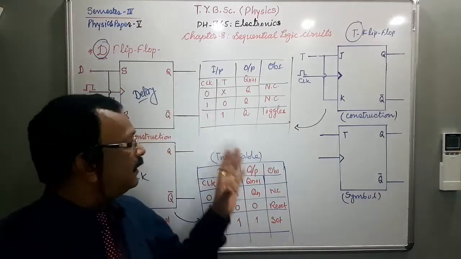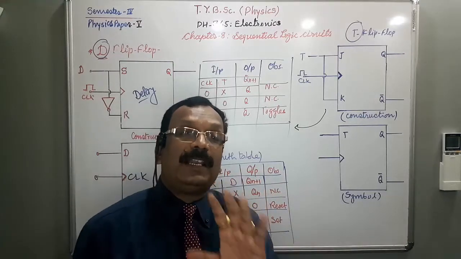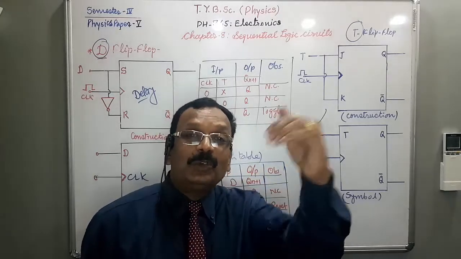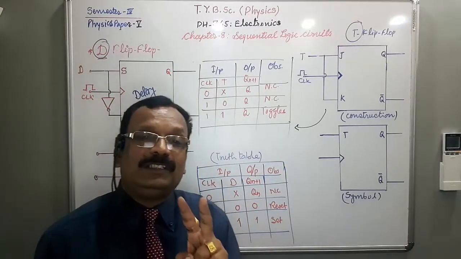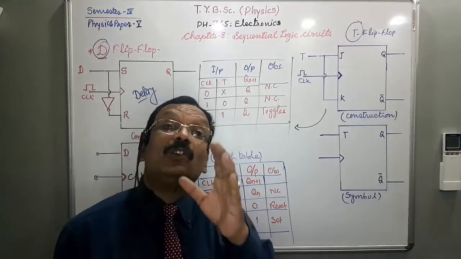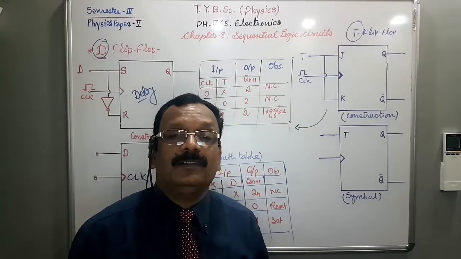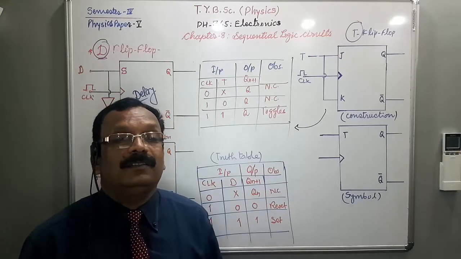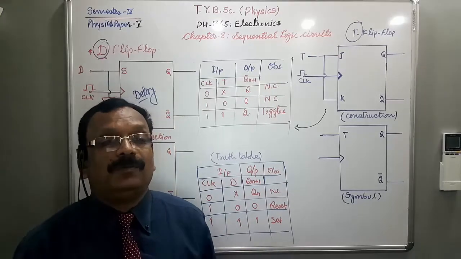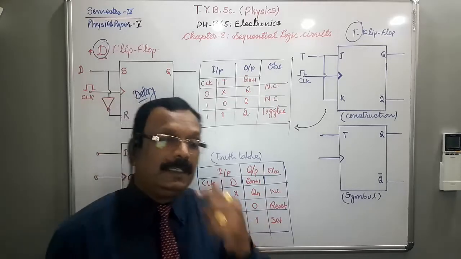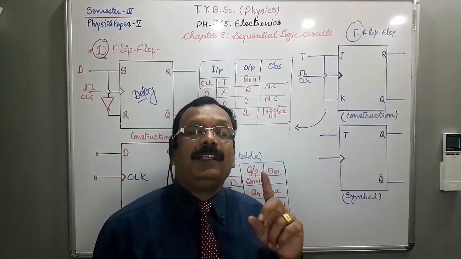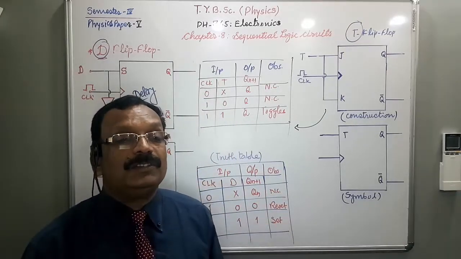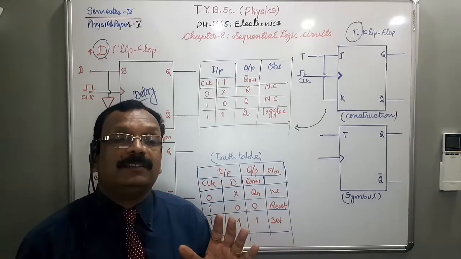The working is similar to the working of RS flip-flop, but when both the inputs are logically low or both are logically high, it is not possible to set the flip-flop.